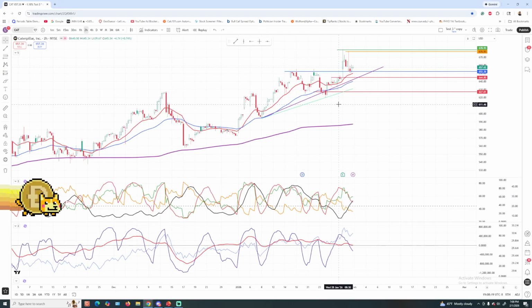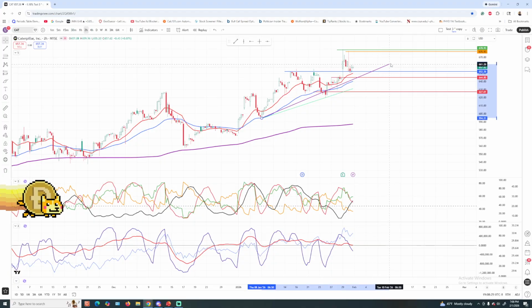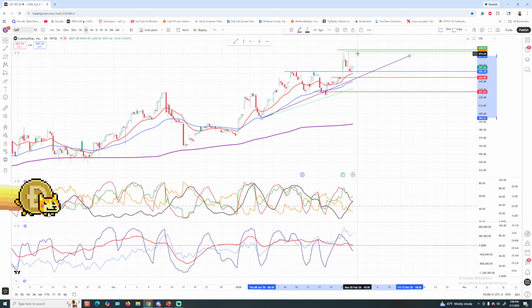So I'll go on the 2-hour. The 2-hour lines up with the hour. I would say if it breaks below this purple line, do puts. We'll keep it simple.